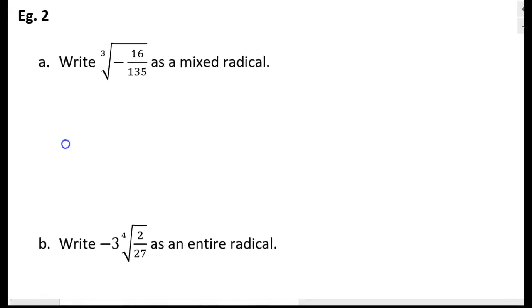So we look at example 2, and we say, okay, well, the cube root of all of this. The first thing I know is I can take out that negative, so I'm going to bring that out in front. The next thing I'm going to do is look for perfect cubes. It just so happens that 8 is a perfect cube.